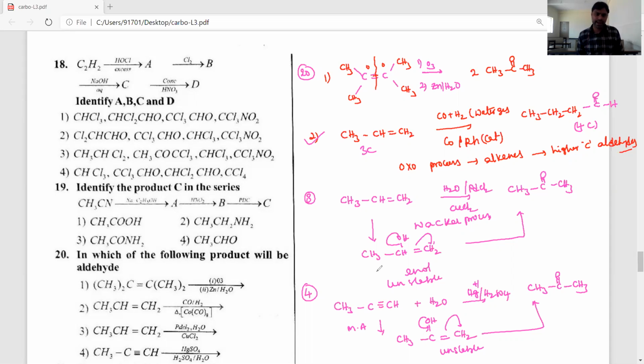Okay, so that is Wacker's process. Except ethene, all the remaining alkenes are converted into ketones with the same number of carbons. And alkynes, except acetylene, on hydrolysis, addition of water in the presence of heavy metals, are converted into ketones. Okay, let's see that 21 question, dear students.